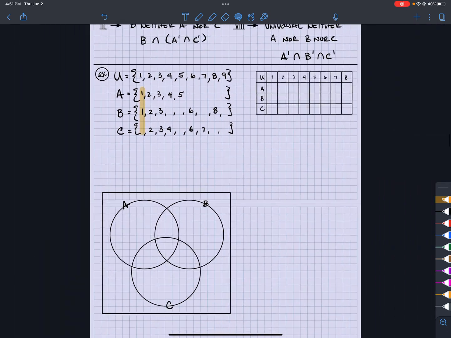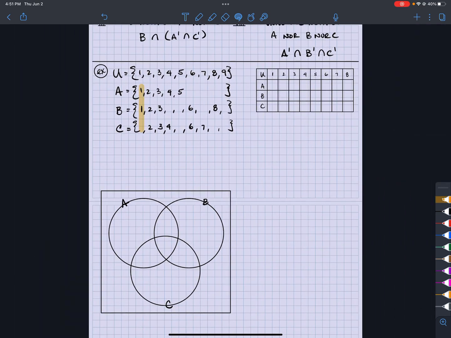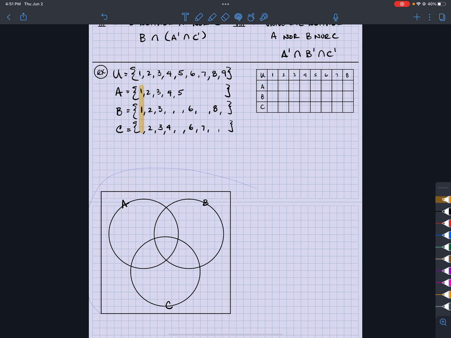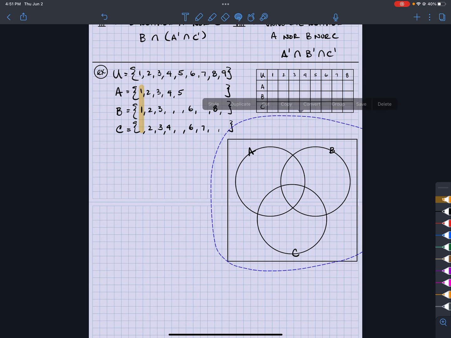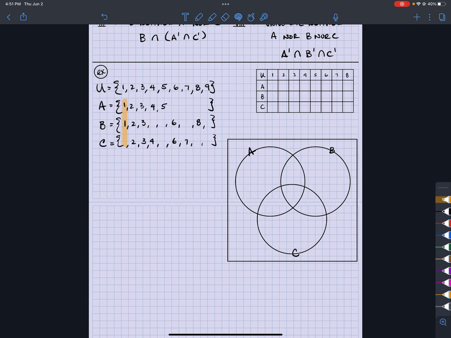So here, I obviously see A, B, and C, so I know that it is going to be with 3 sets. I see that it has 3 sets, so therefore I'm going to go ahead and use all 3 sets.